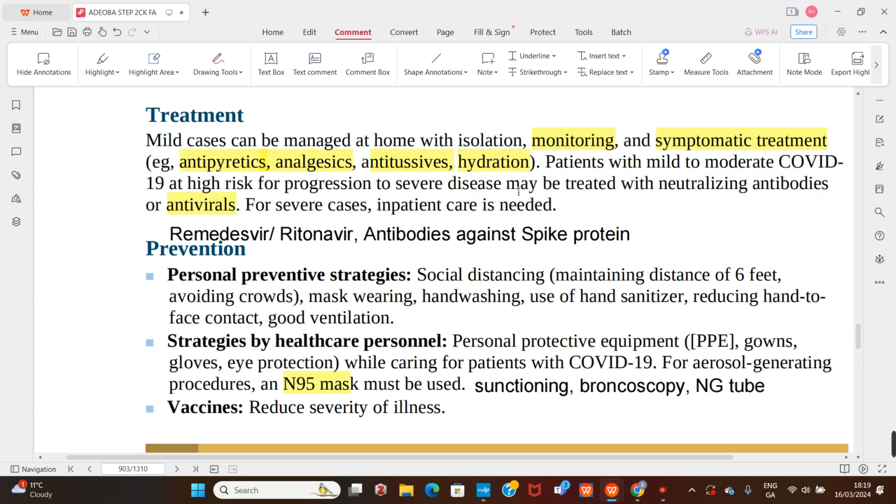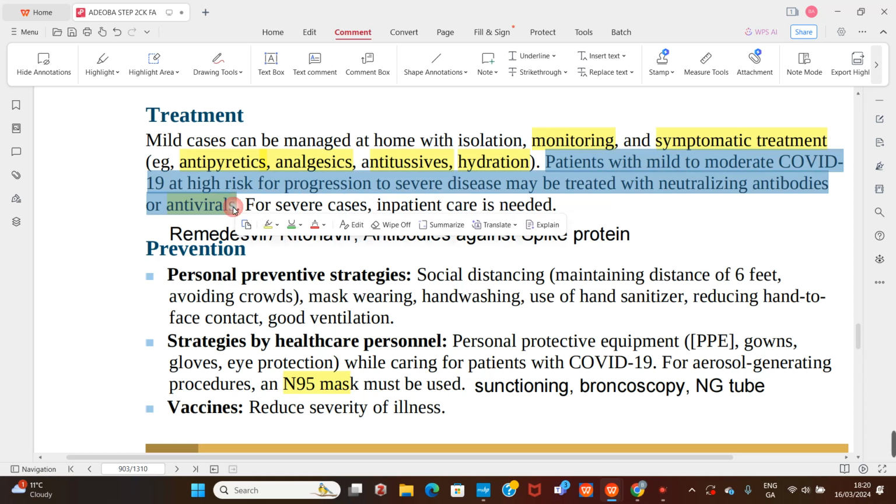So patients that have mild to moderate disease that have a very high risk of progressing to severe, you might want to treat them with neutralizing antibodies or antivirals. So people that don't have it very bad, you just give them the antipyretics, the analgesics, the cough suppression, and the fluid.